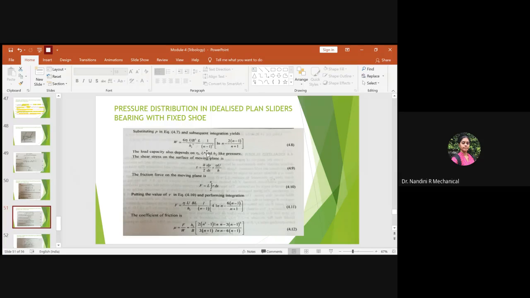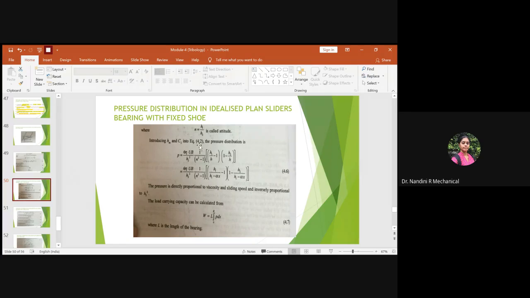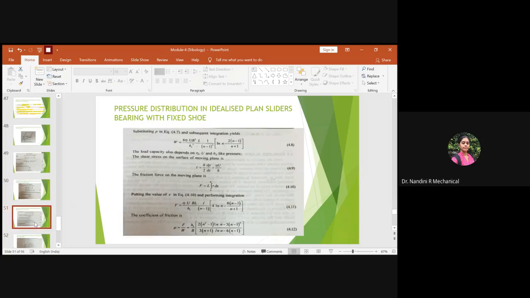This is the load carrying capacity equation. And this equation is frequently used in solving problems for plane slider bearing. So you have to remember it properly. And you should also know the pressure distribution equation, which you need to use in future for solving problems. So this will be the load bearing capacity value that you will conclude after integration. So you will directly tell after integration, you will be getting this.